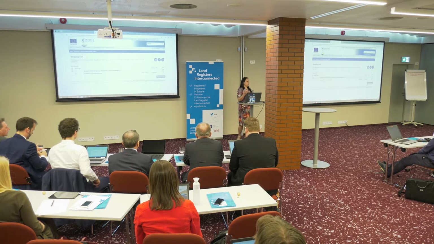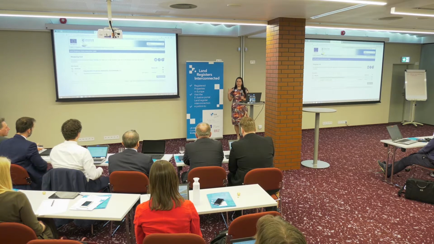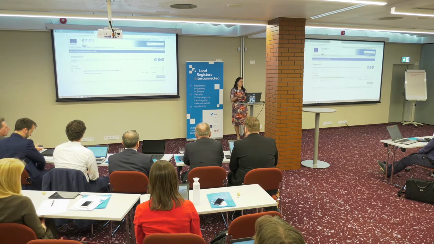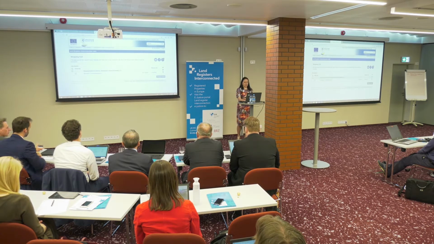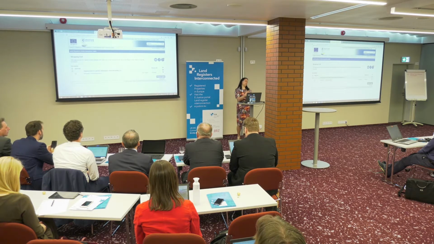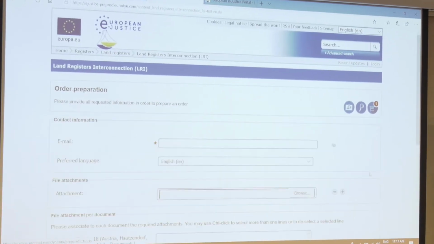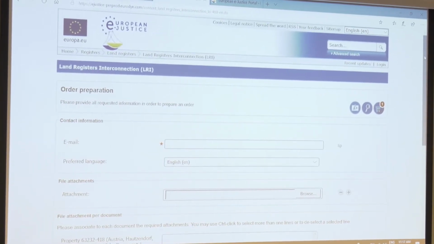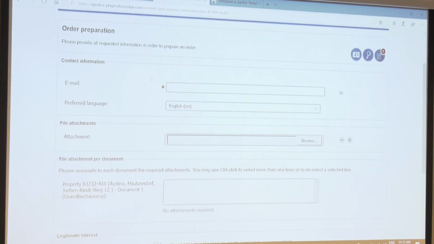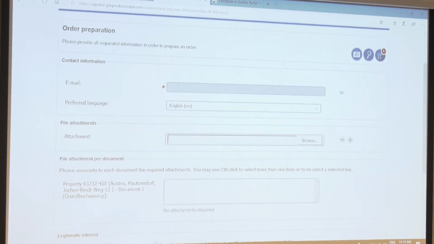Right now the system is set up at the central LRI site in a way that you have to place the order, even if the document would otherwise be available quite quickly or instantly. And then, like Matthias also said, once you have selected your documents, you put in your name and you can order, and you get the link on your computer.